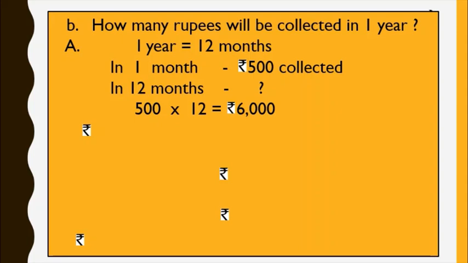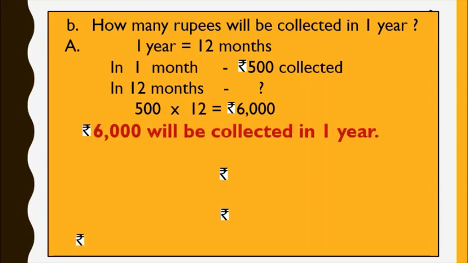So we will apply the same thing here, cross multiply and divide. So I cross multiply 5 and 12. So 5 12s is rupees 6,000. Now this answer I will divide by 1. So 6000 divided by 1 is 6000 itself. So rupees 6000 will be collected in 1 year.